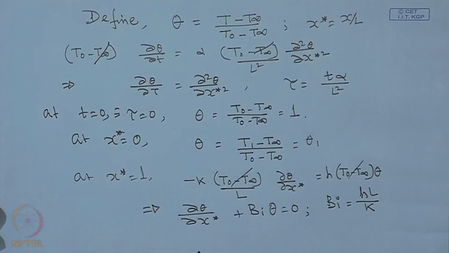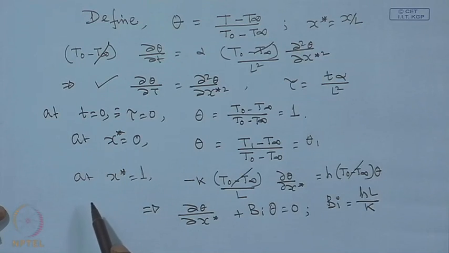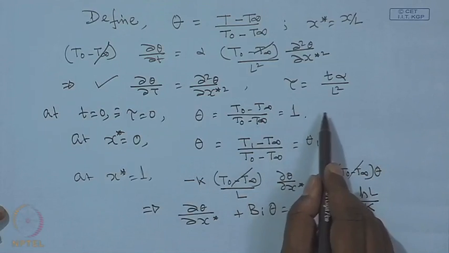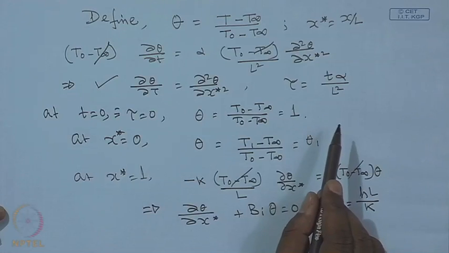So, let us look into the problem. We made this governing equation non-dimensional and made the independent variable x star well behaved between 0 and 1. At the same time, we had the initial condition theta is equal to 1, which was not equal to 0. This is a non-homogeneous initial condition.